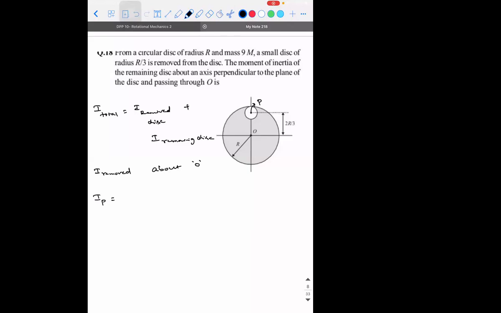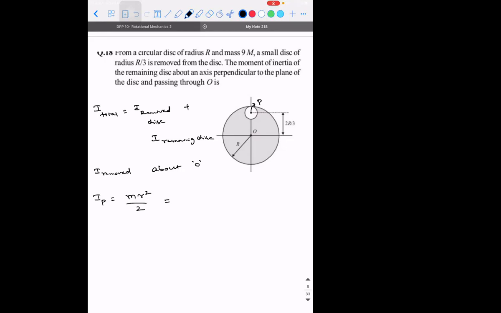That is mr square by 2, so m r square by 18, or I will say small m r square divided by 2. But I have certain questions. What is the mass of the removed portion? We don't know the mass of the removed portion.